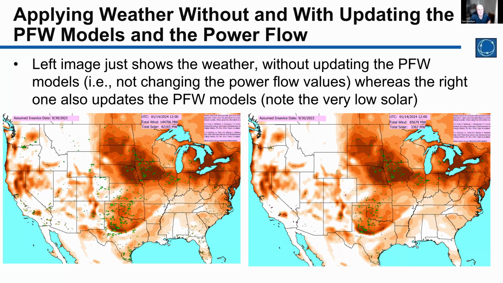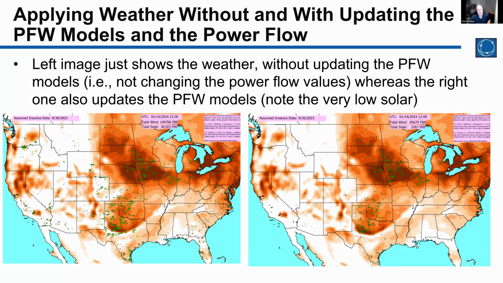On the left here, I've got an image of the weather for January 14th, 2024 at 12 UTC. The image on the left is not scaled. It does not scale the generation by the wind speed or the solar. On that image, the green ovals are the wind turbine generators at a substation, and the yellow are the solar.